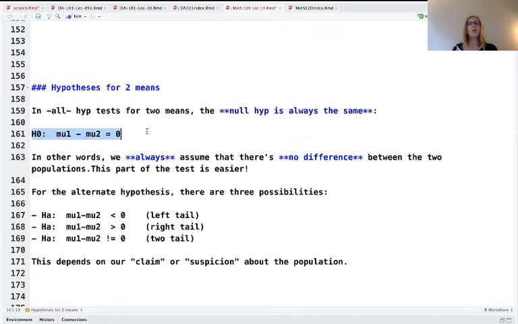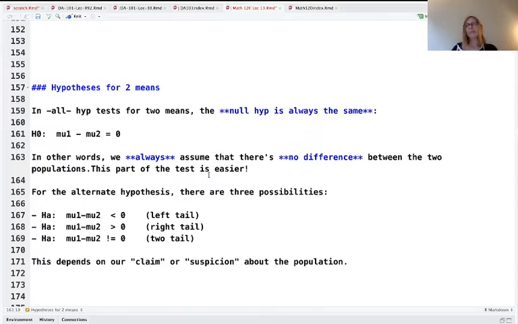Specifically, we will always assume by default that there's no difference between the groups. That mu1 minus mu2 is equal to 0. This is always our null hypothesis for these things, which is kind of nice for you as a student. You don't have to really think about it very hard because you're always going to use this null hypothesis. We're going to assume no difference.